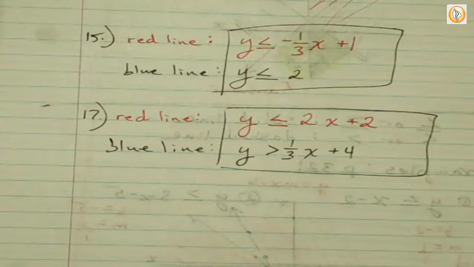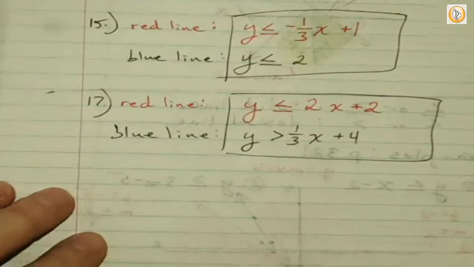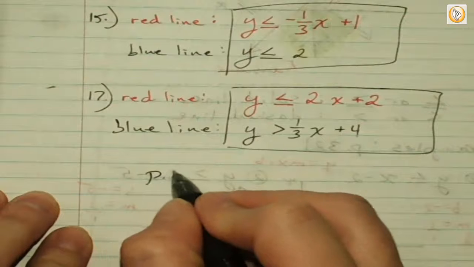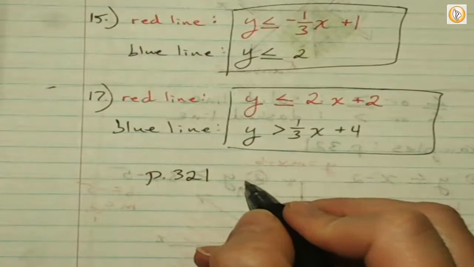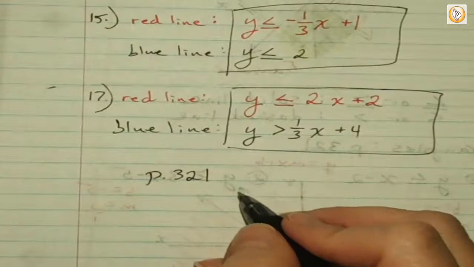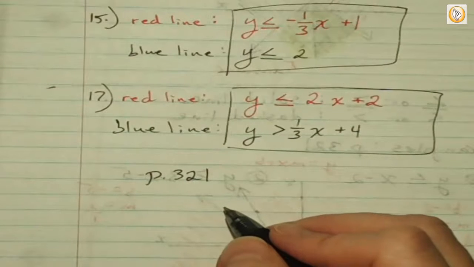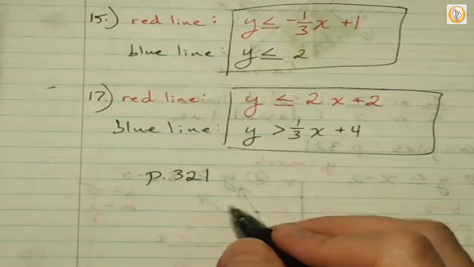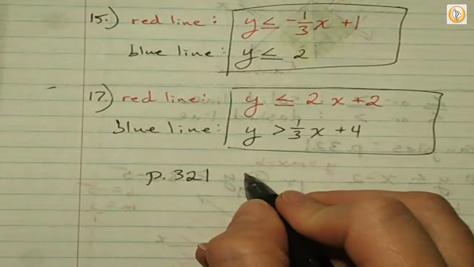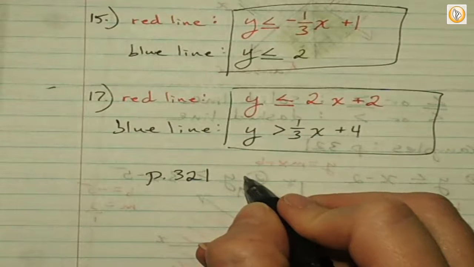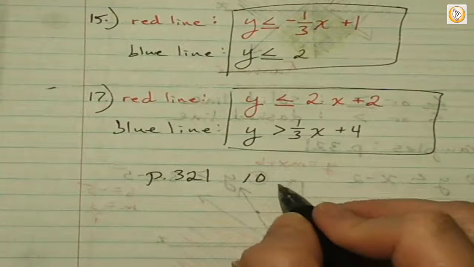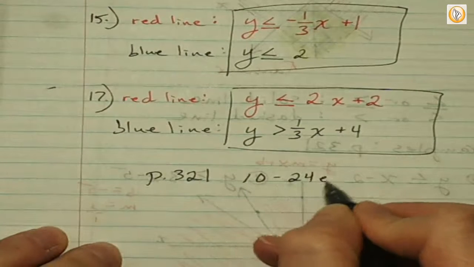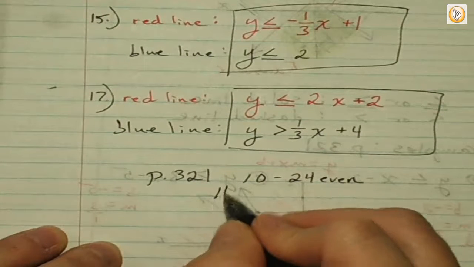Any questions? Keith, you have a question? All right. Your assignment is going to be page 321, 10 through 24 even, that's 8 problems.